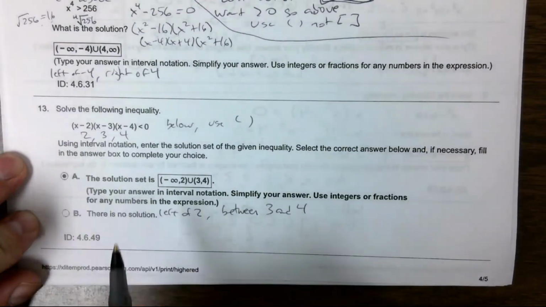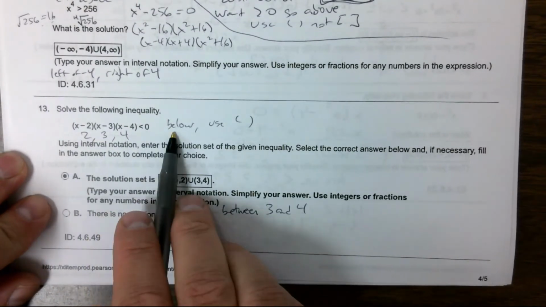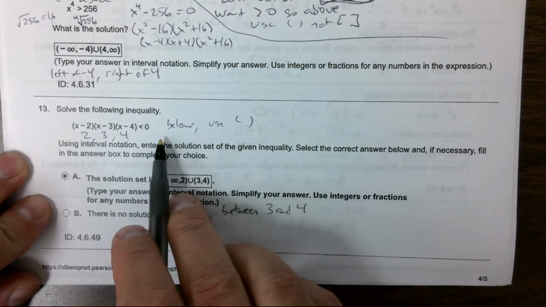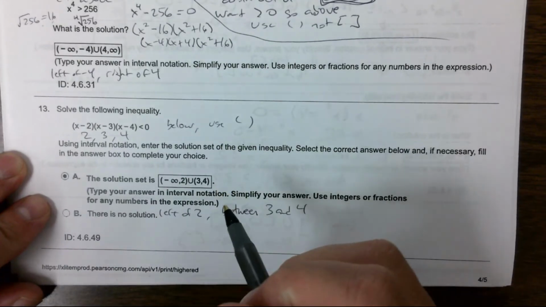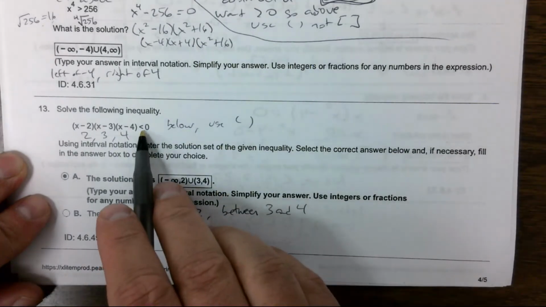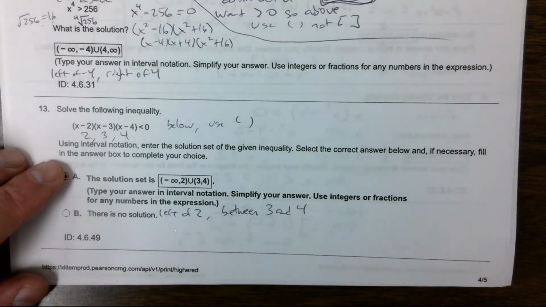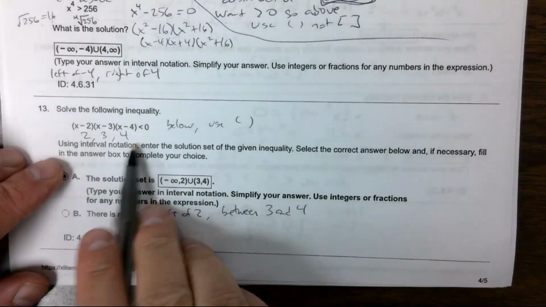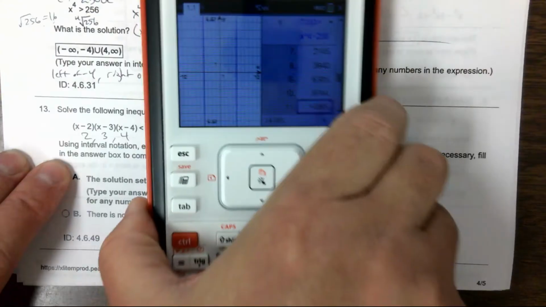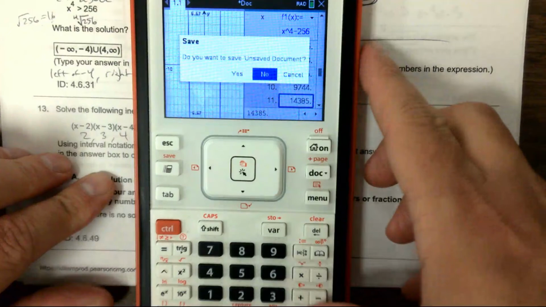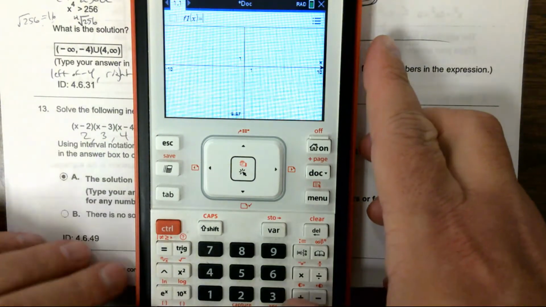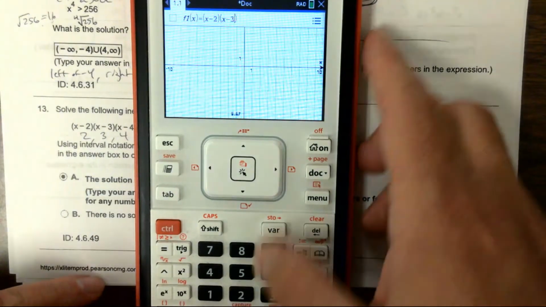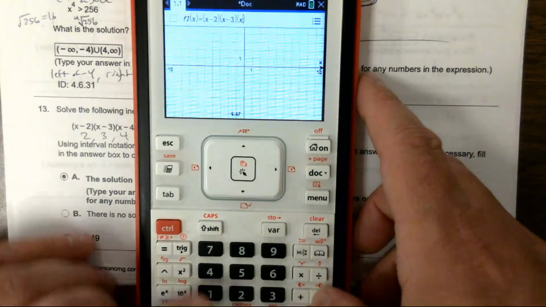On this one, again, we're doing below, so we use the parentheses on this one because it's less than or equal to. So we have our 2, 3, and 4. X minus 2, X minus 3, X minus 4.